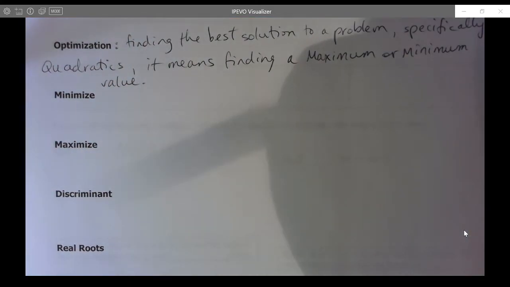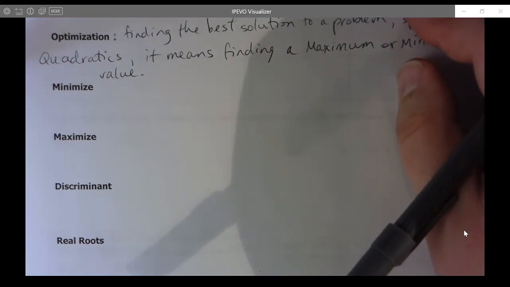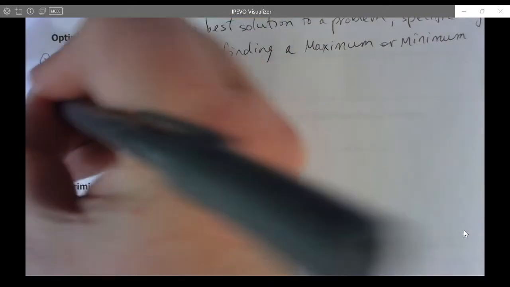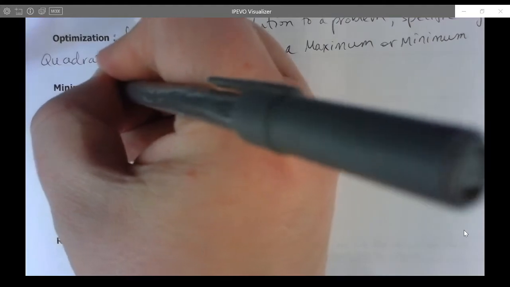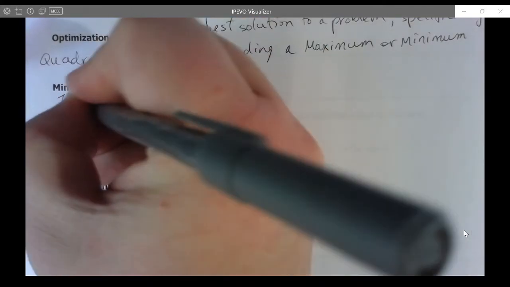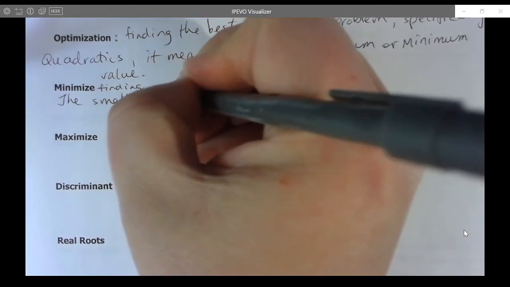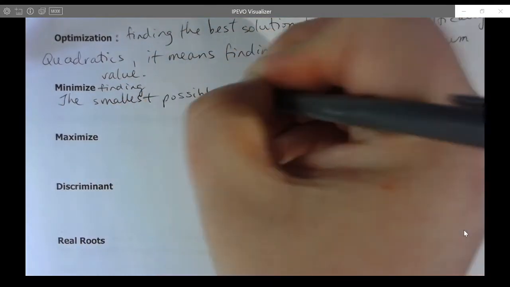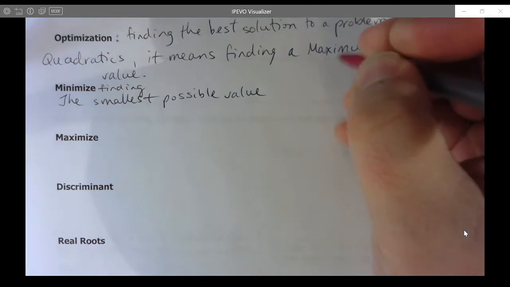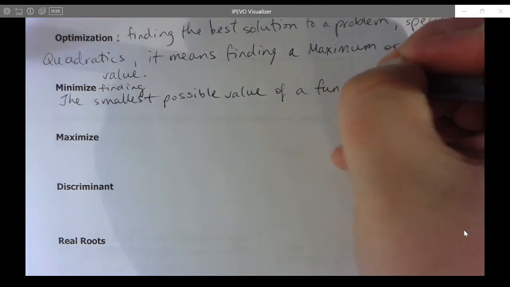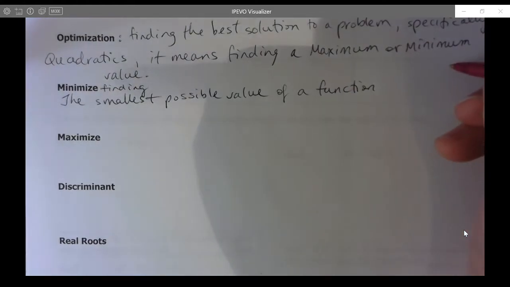And that takes us to the next definition. What does it mean to minimize? Well, minimize is a verb, so it means finding the smallest possible value of a function, and of course we're talking about quadratic functions.